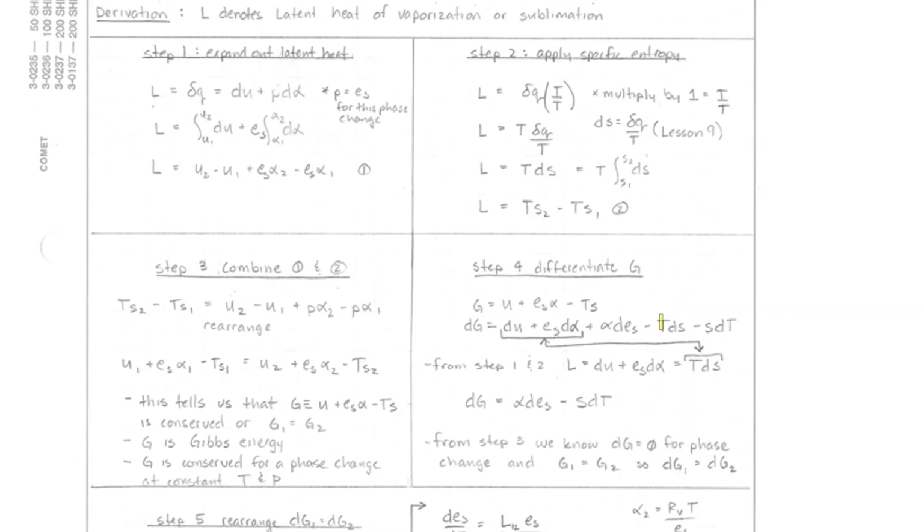And we've got the TdS right here in the equation. So from steps 1 and 2, we've got latent heat equals dU plus E sub S d alpha equals TdS. So this TdS minus this TdS, they cancel each other out. What you're left with is dG equals alpha dE sub S minus S dT.